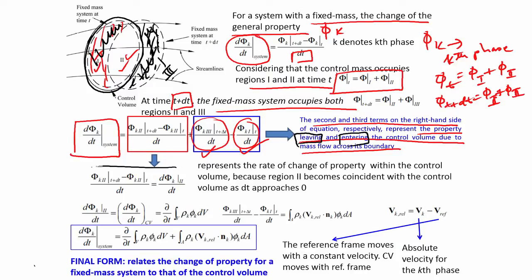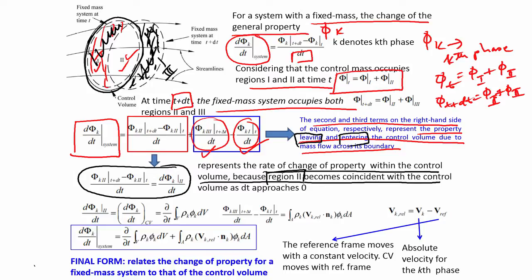Whereas this particular expression represents the rate of change of property within the control volume, because region 2 becomes coincident with the control volume as dt approaches 0. Look at region 2 now. When dt, the extent of this time, becomes very small, region 2 becomes coincident with the control volume that we have drawn over there.